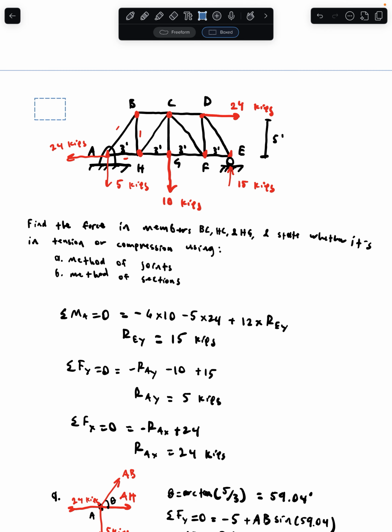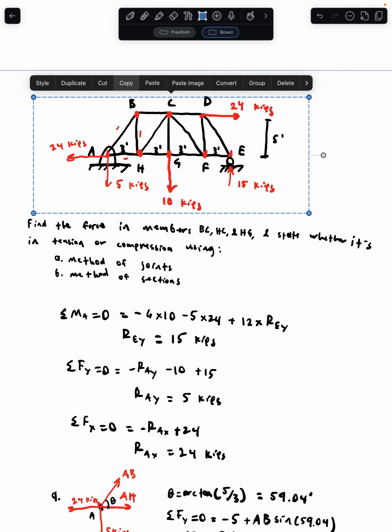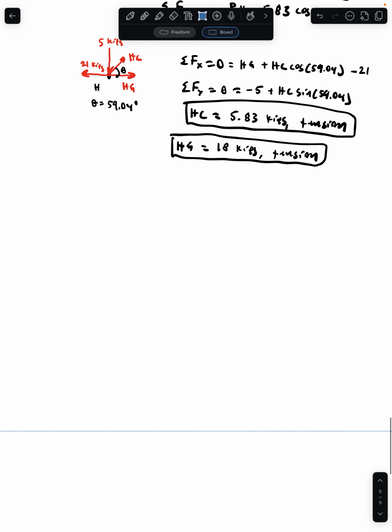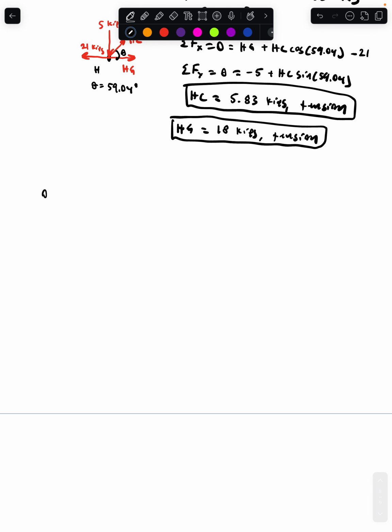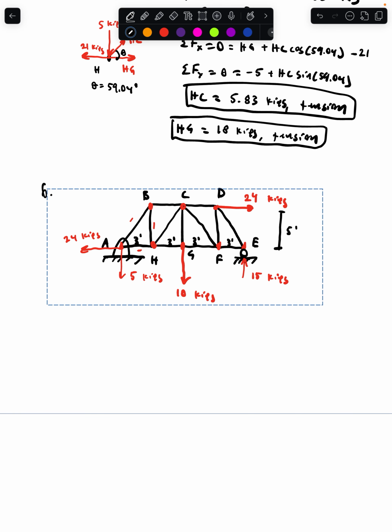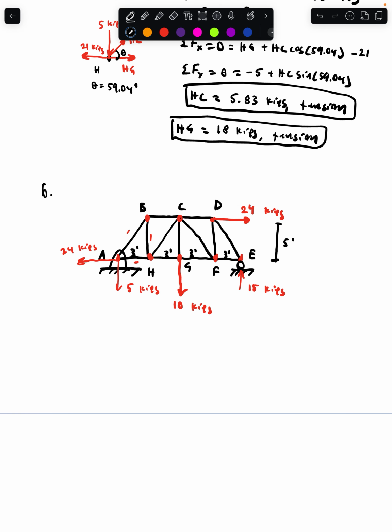Alright, so for the method of sections, like I said earlier, the first step is to find your global equilibrium, which we already did.